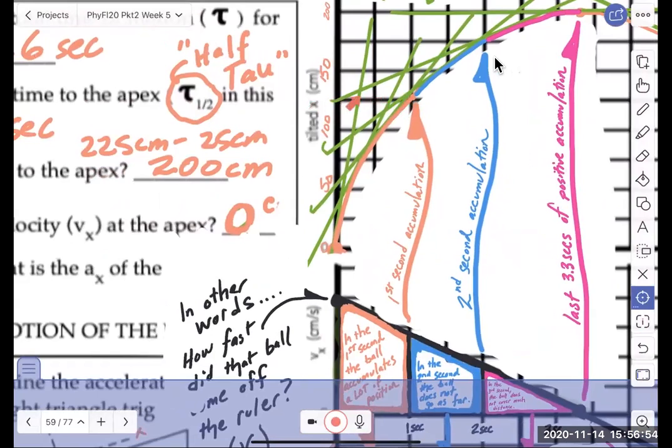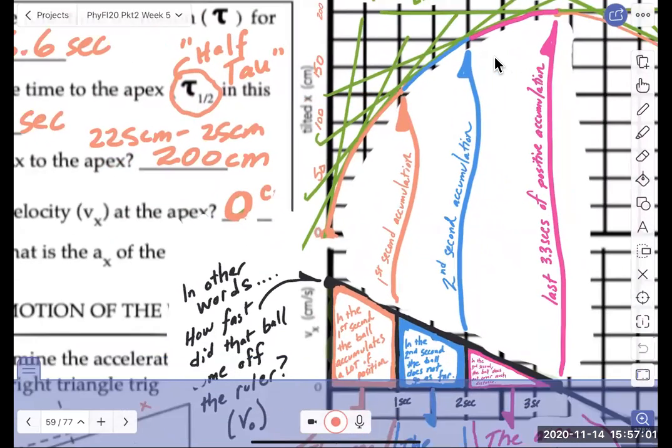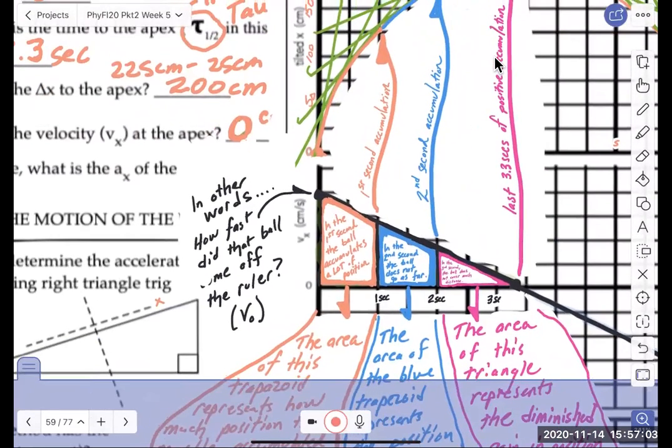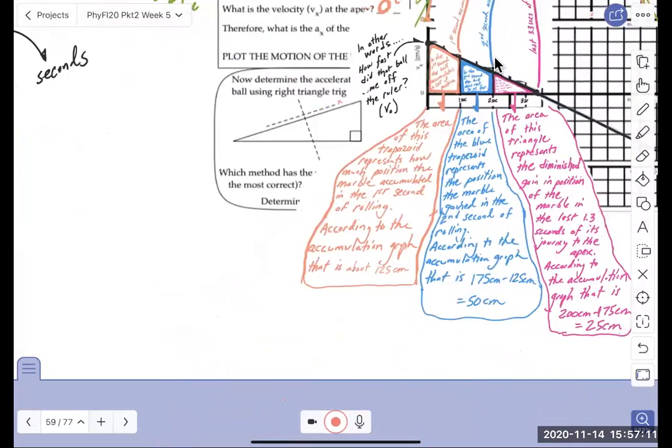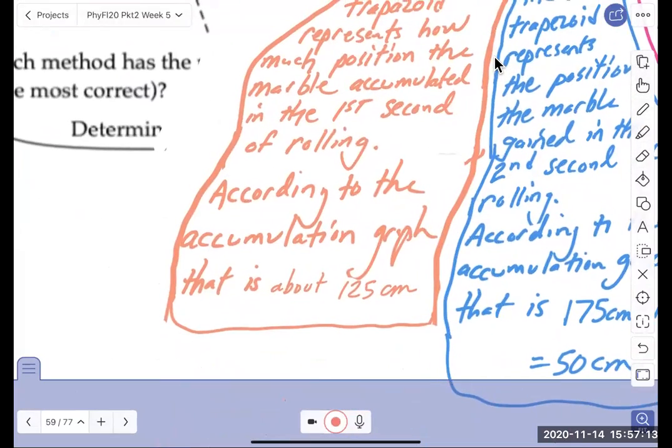About 125 centimeters is how far the marble got in the first second. That is the area. If you run the numbers on that trapezoid, you will get 125 or close to it for your answer. So that's what I wrote down here. According to the accumulation graph, that is about 125 centimeters.